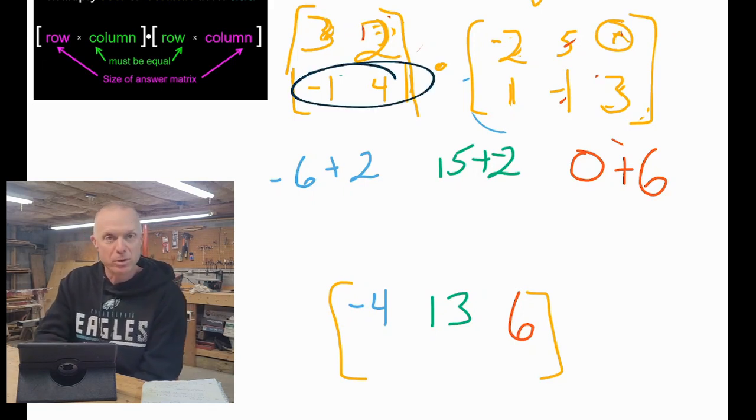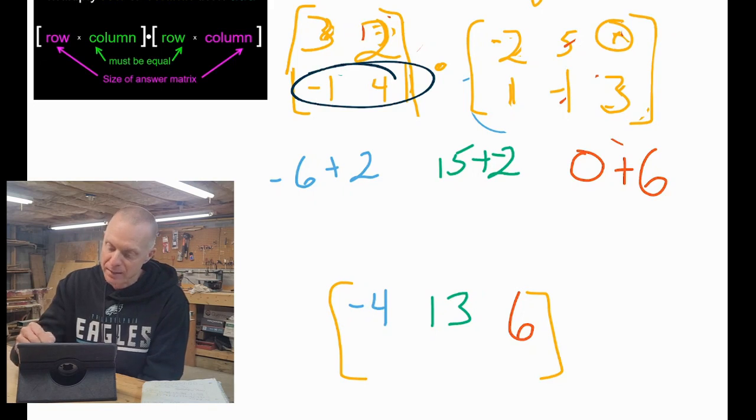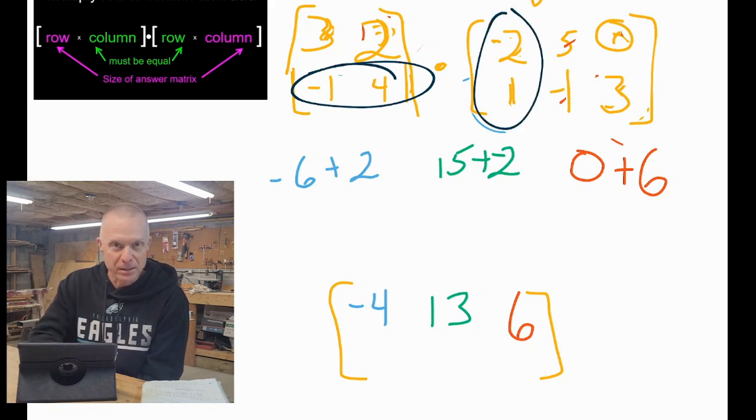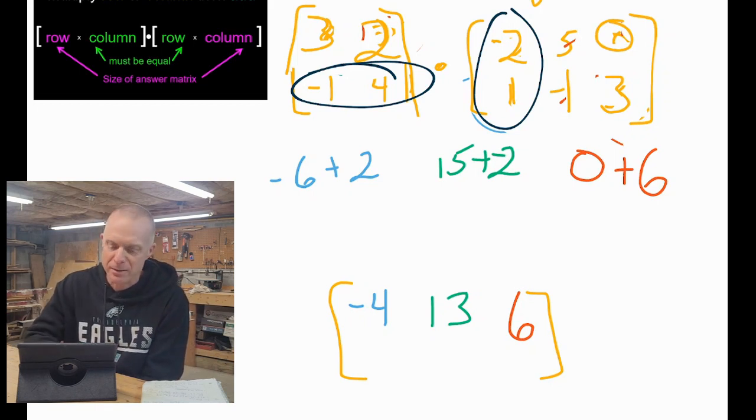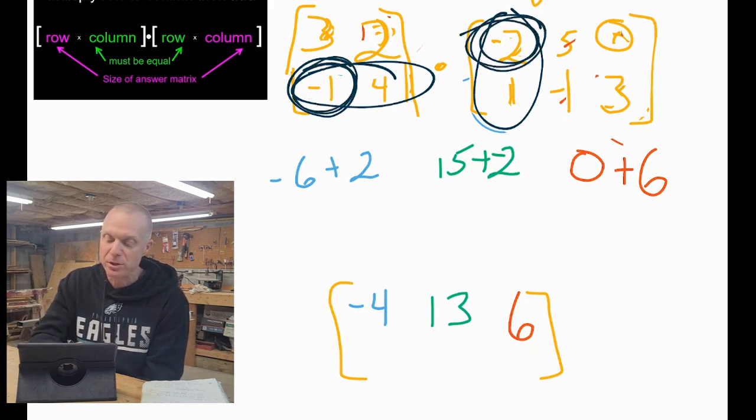I'm going to take row 2 and multiply it by each of these columns. Now, pay attention here because sometimes students incorrectly match the numbers. -1 is my first number. I'm going to match that with -2, which is the first number. So when you multiply -1 with -2, you do get +2.